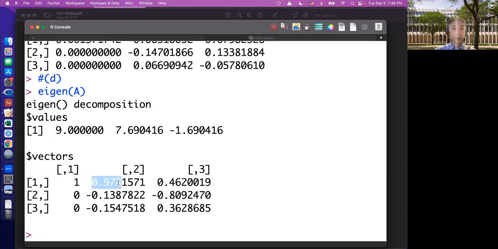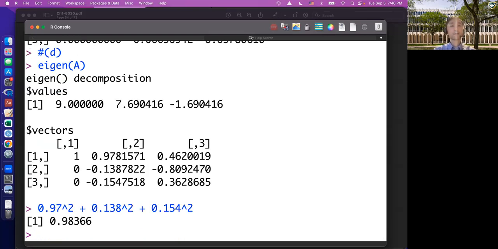This negative 0.97, negative 0.13, negative 0.15 corresponds to this eigenvector. And actually, these are unit vectors. For example, 0.97 squared plus 0.138 squared plus 0.154 squared becomes 1. So we have some rounding errors, but this becomes 1. So this is a unit vector.